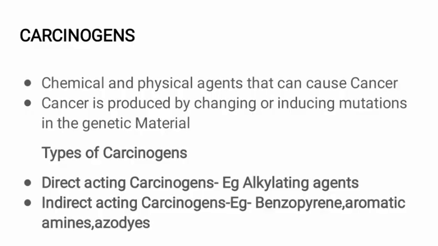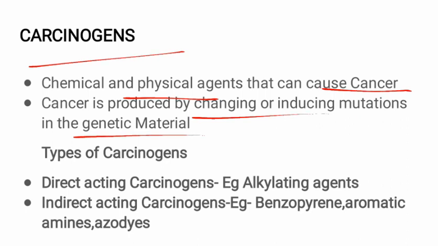Okay, what do you mean by carcinogens? Carcinogens are substances which have the capability of causing cancers. These are physical and chemical agents which cause cancer by inducing mutation in the genetic material. There are basically two types of carcinogens: direct acting carcinogens and indirect acting carcinogens. As the name suggests, a direct acting carcinogen is a carcinogen as such and does not require any metabolic conversion to affect the genetic material.